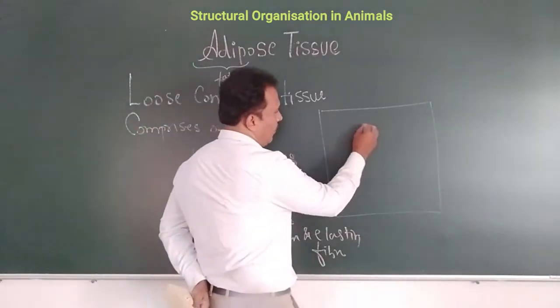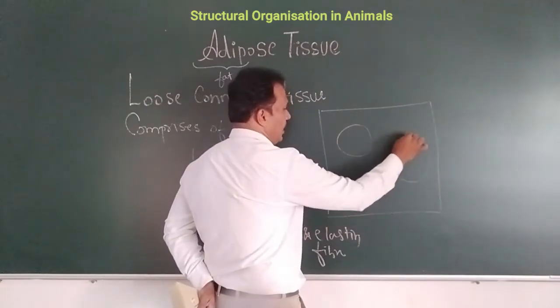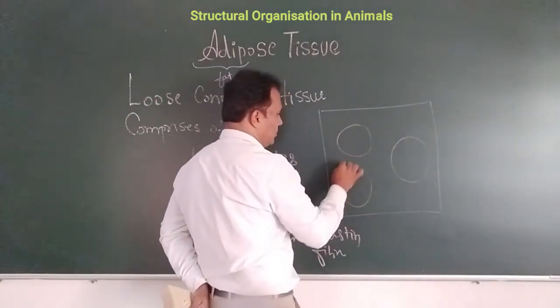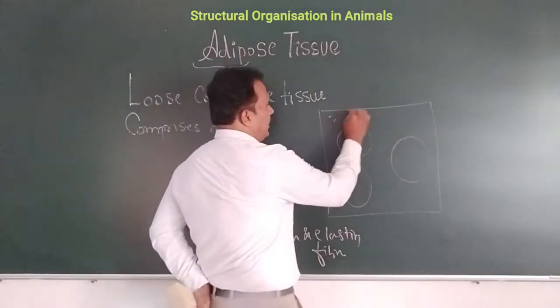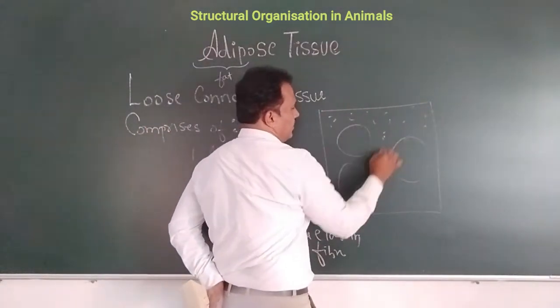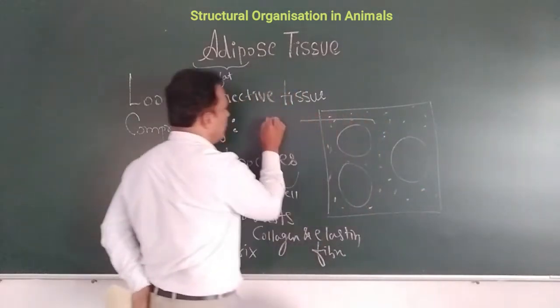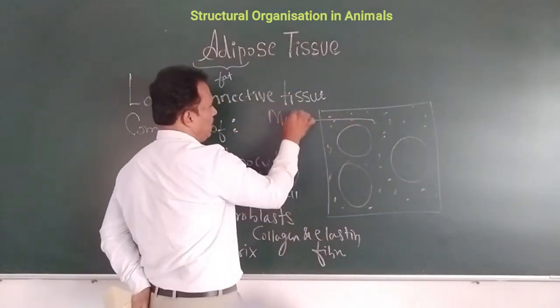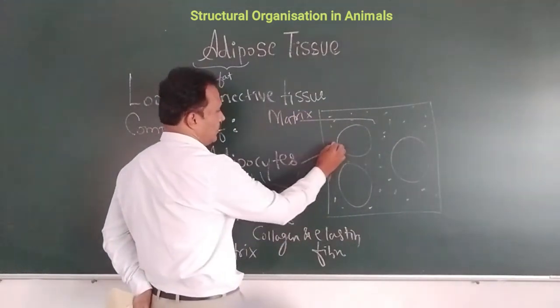Here you will find these are the adipocytes, and the entire area is filled with ground matrix. This is a matrix made up of polysaccharide. This is an adipocyte.